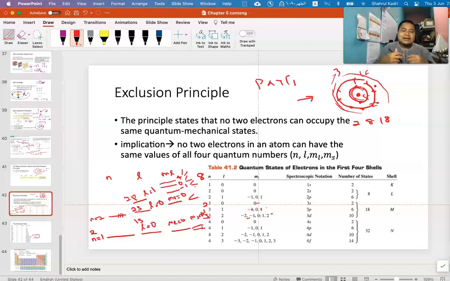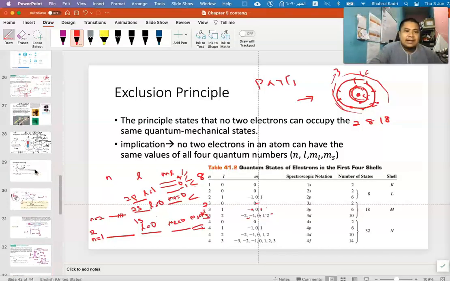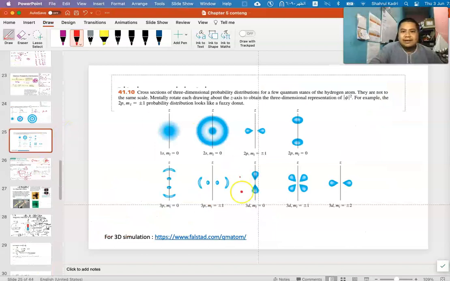Okay, but we can only say it is the possible location of the electron, where the probability is given by this shape.